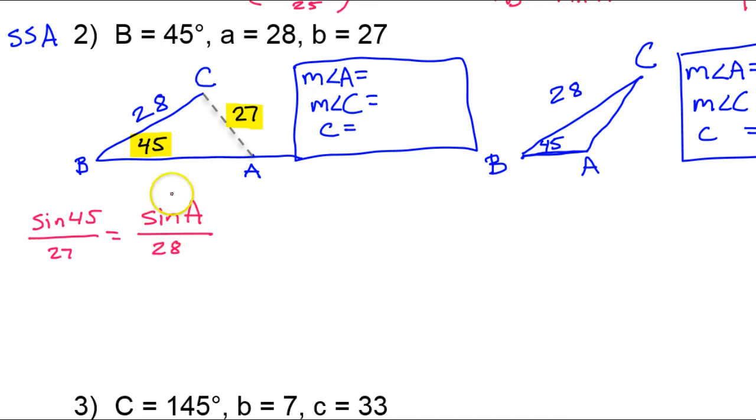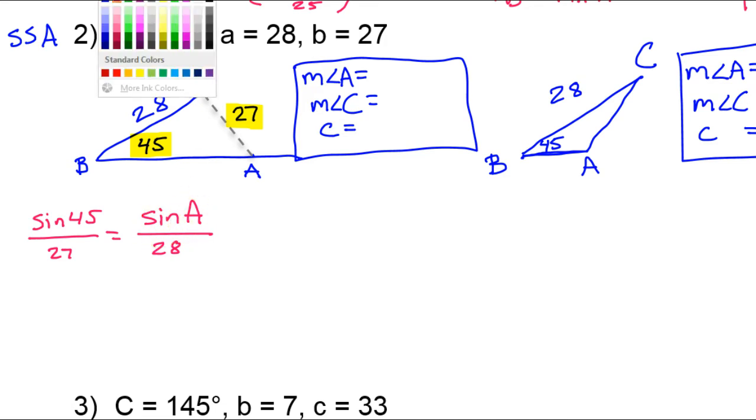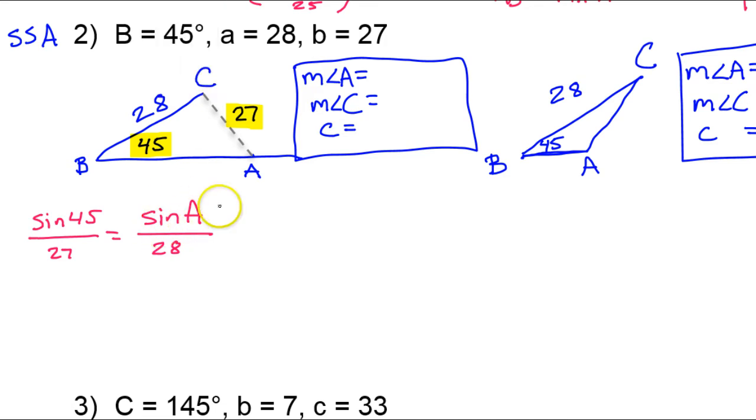So to get the sine of A by itself, I would have to multiply both sides by 28. Alright, so those will cancel each other out. So this gives me the sine of A equals all of this. Now, I don't want the sine of A, I want angle A itself.